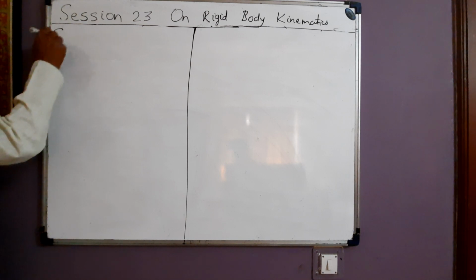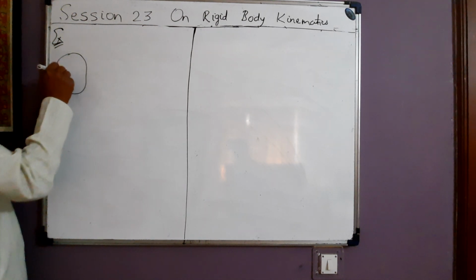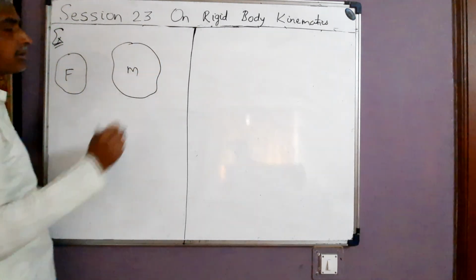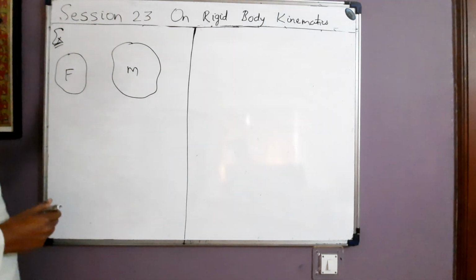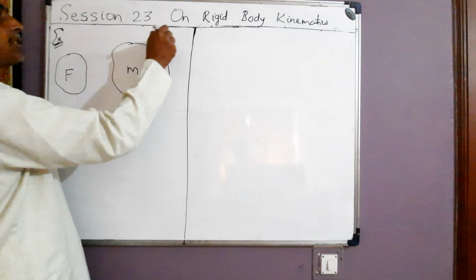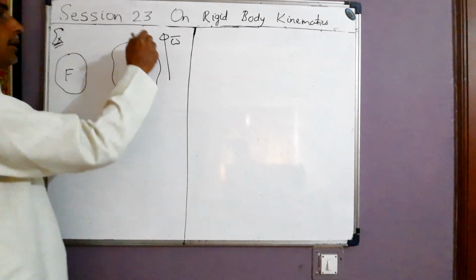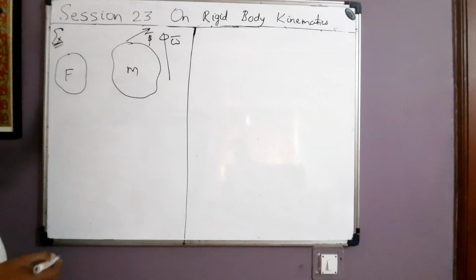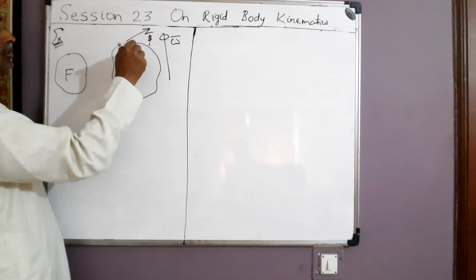This is a given reference frame f. This is some given rigid body m which rotates with respect to frame f. At some instant of time, omega is the angular velocity of m with respect to f at time t, and beta is the angular acceleration of m with respect to f at time t, and p1 and p2 are two locations of m.